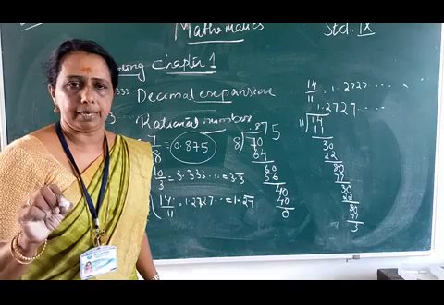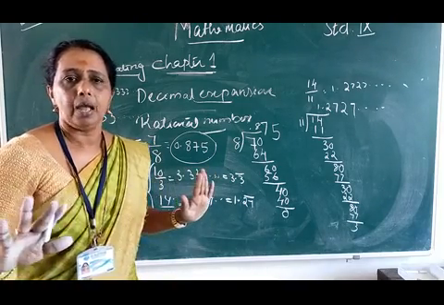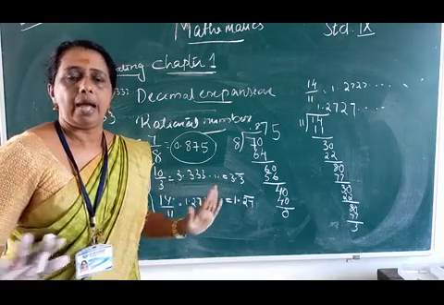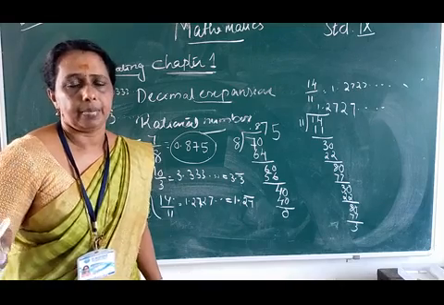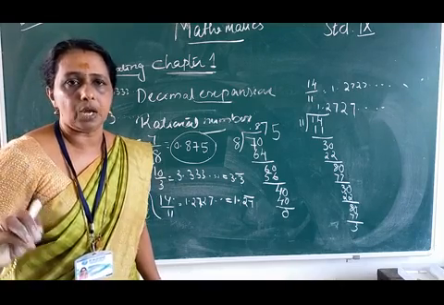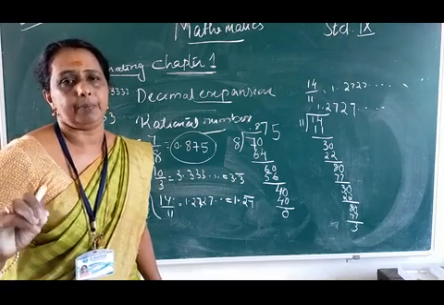Non-terminating recurring decimal means it never ends. The division never ends and the remainder never becomes 0, and in the quotient one digit or a block of digits is repeating. That type of decimal expansion is called non-terminating recurring or non-terminating repeating.